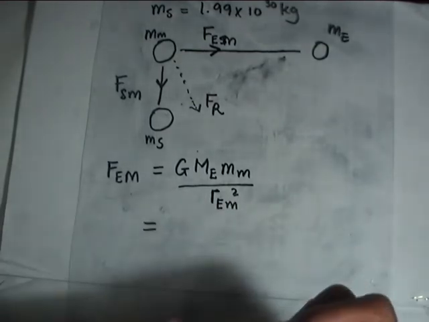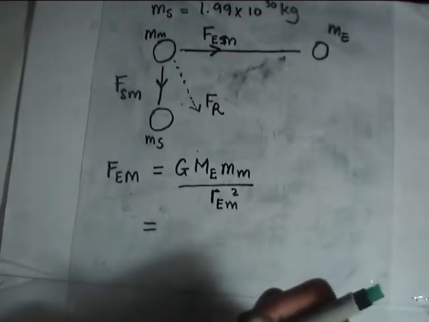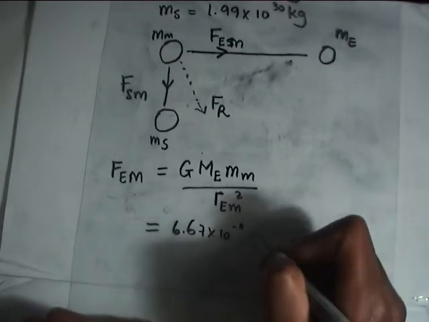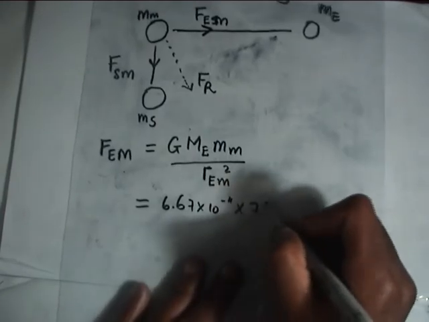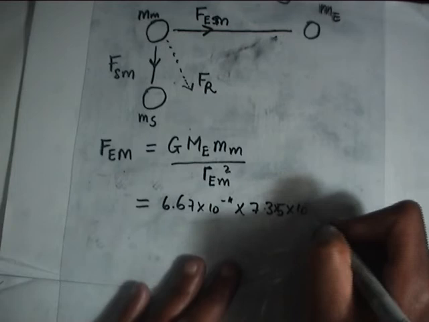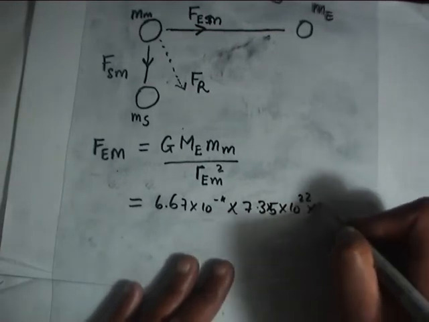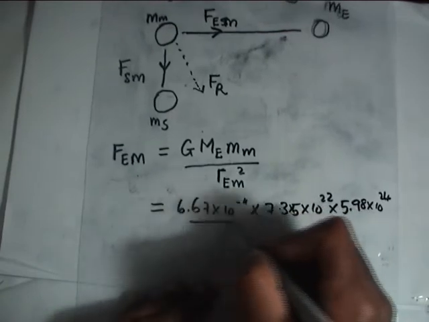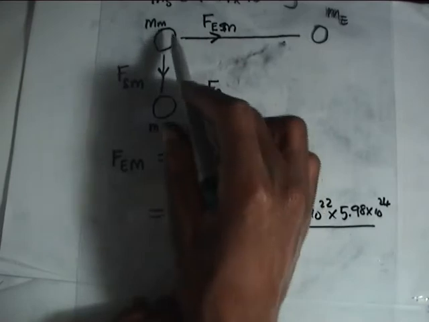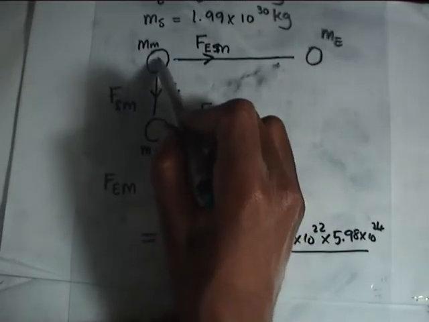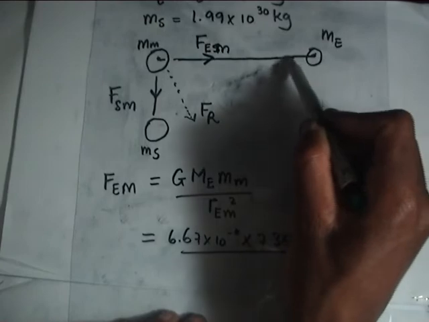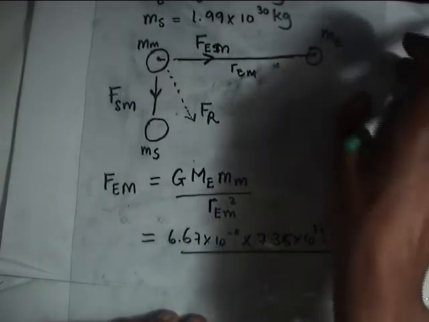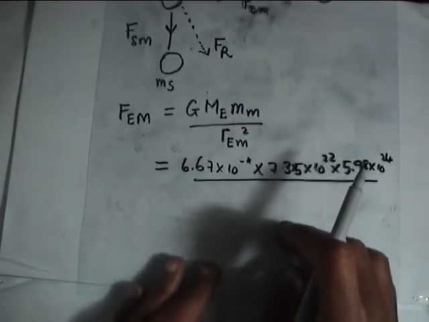This is equal to G, which is 6.67 times 10 to the power minus 11, mass of earth, which is 7.35 times 10 to the power of 22, and then mass of moon, which is 5.98 times 10 to the power of 24, all divided by REM, the distance from the moon center to the Earth's center, squared.